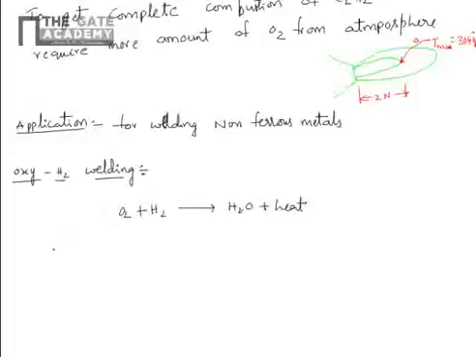Oxyhydrogen welding is used to join low melting point metals like aluminium.